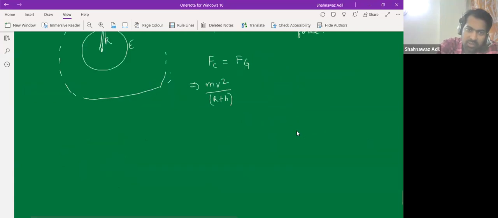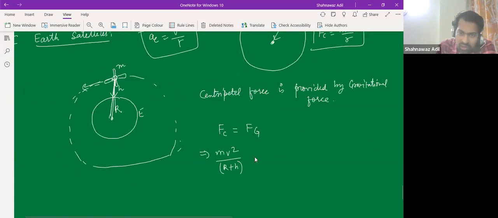Now, what is the gravitational force between the mass of the Earth and the mass of the satellite? Gravitational force G, between two masses, Newton's law.